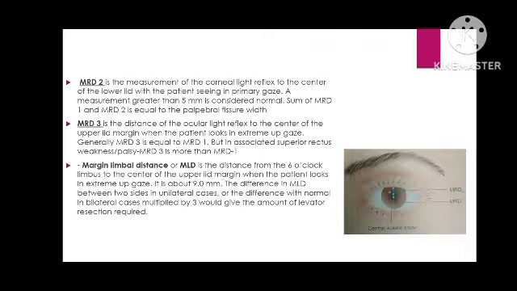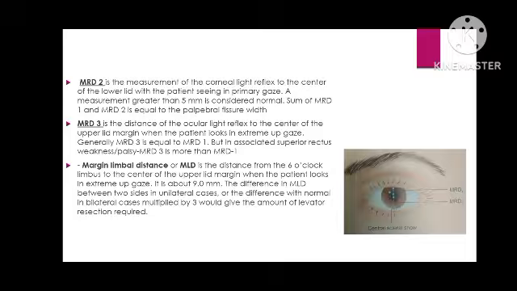The next one, MRD3, is the distance from the ocular light reflex to the center of the upper lid margin when the patient looks extremely down. When the patient is looking down, we take the distance from the center to the upper lid.